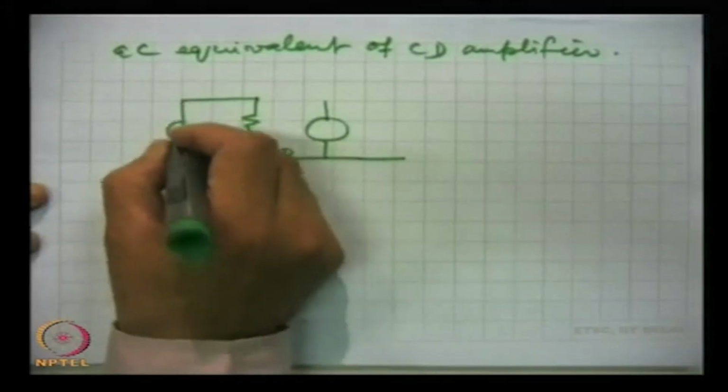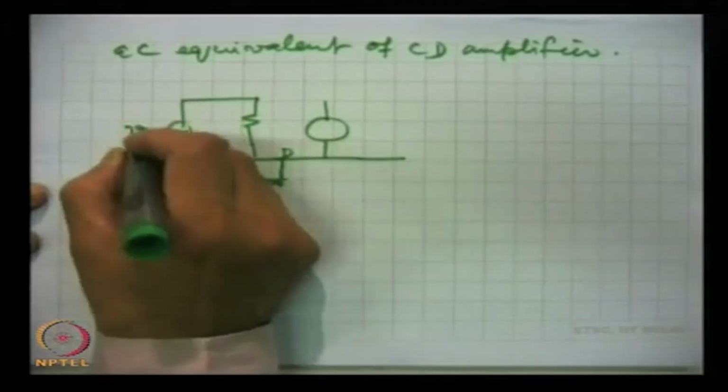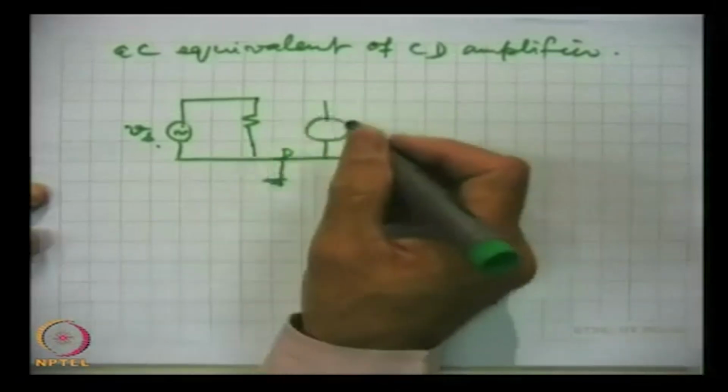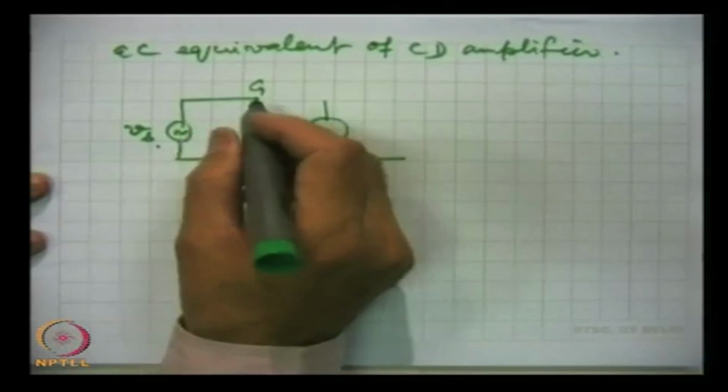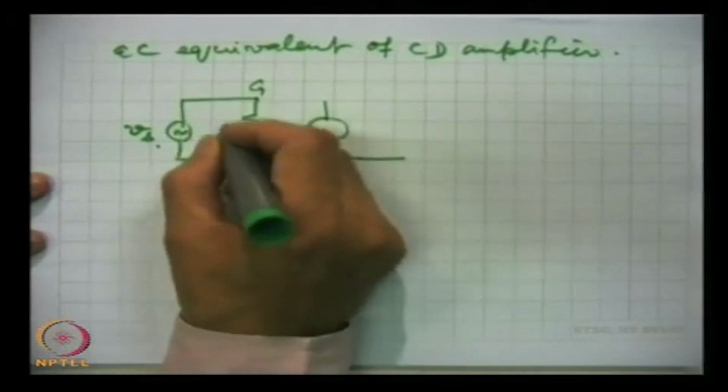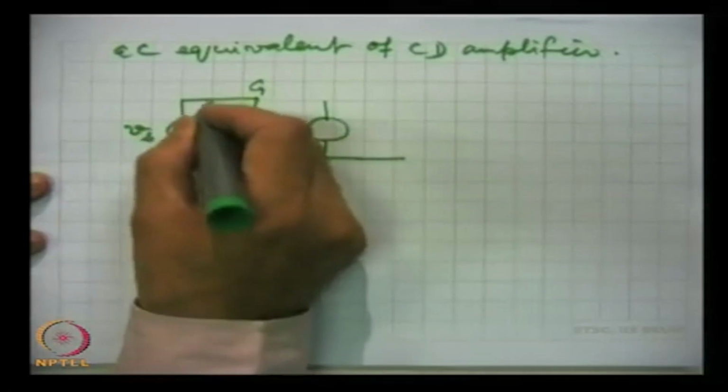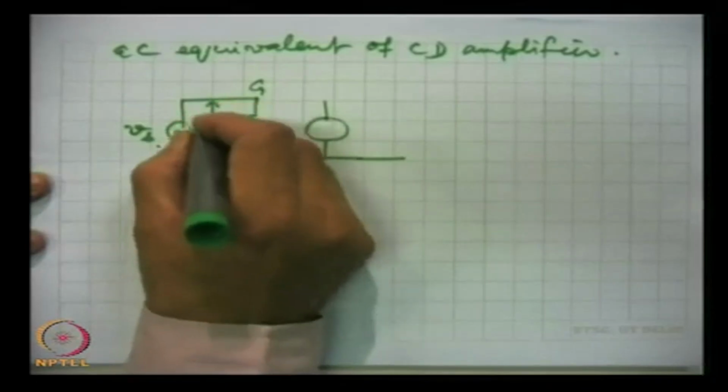This is the input Vs, and this is G, this is Rg, and this is Vin.